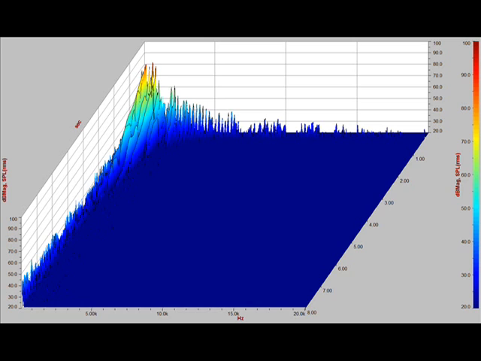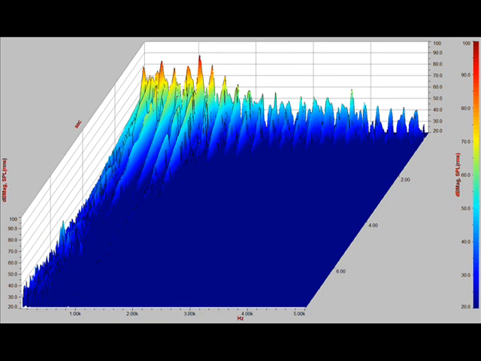Looking at the graph, we can see that most of the energy is below 10 kilohertz, and a lot of what's of interest is below 5 kilohertz. So we can zoom in and look at the data to a bandwidth of 5 kilohertz with a lot more resolution.